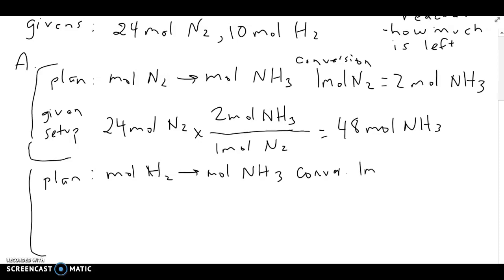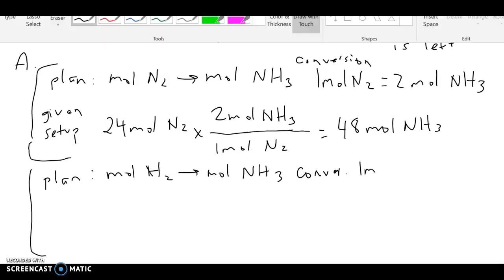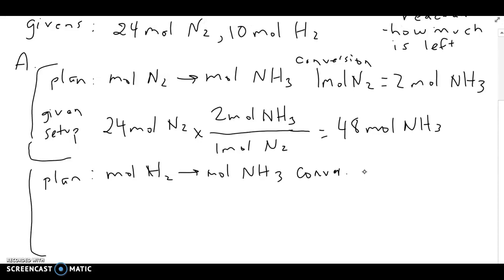Our conversion is 3 moles of H2 equals 2 moles of NH3.